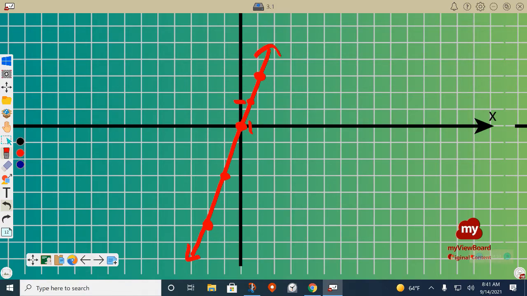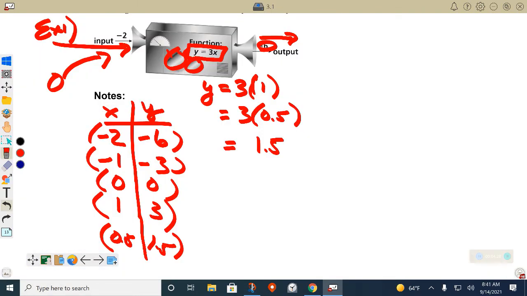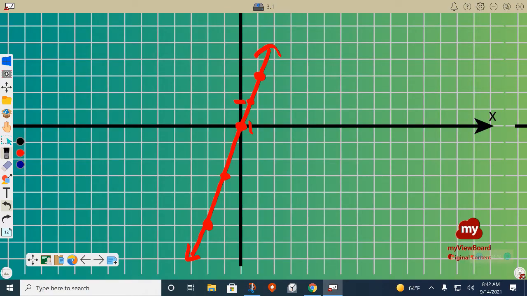In other words, I can throw any number as an input on the number line, and it's going to spit out an output. Any number you can fathom in your mind on the x-axis, there's going to be some y output forever.